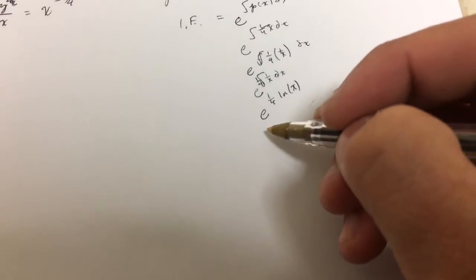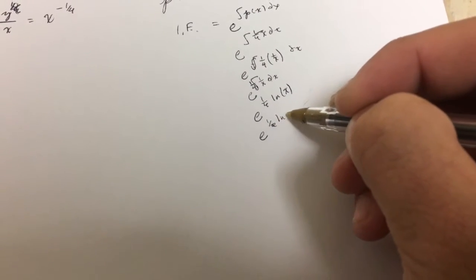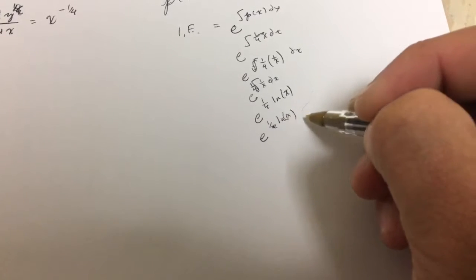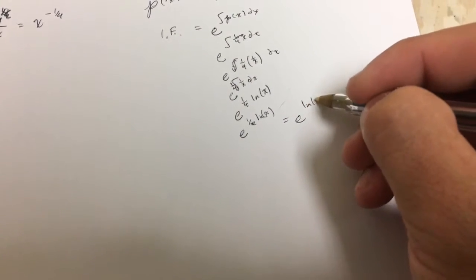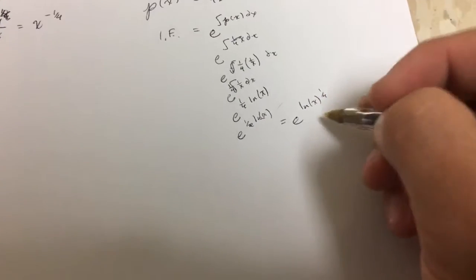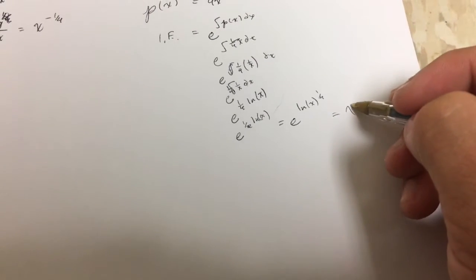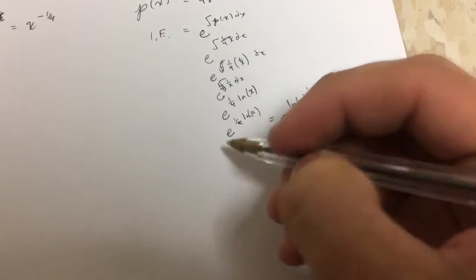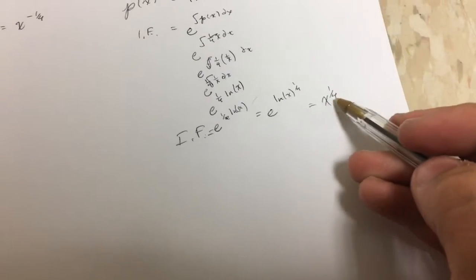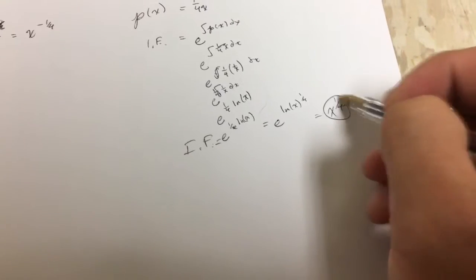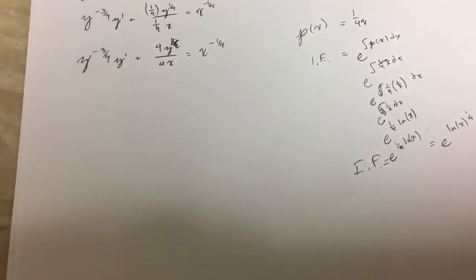And e to the 1/4 ln of x is equal to e to the ln of x to the 1/4, and e and the natural log cancel out, and you get x to the 1/4. So now we're going to multiply everything in this problem by x to the 1/4.